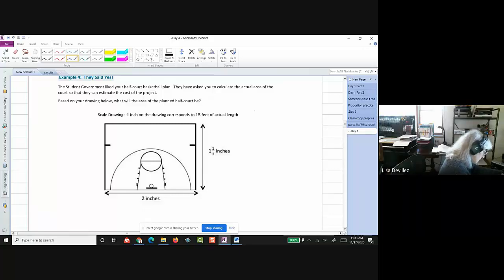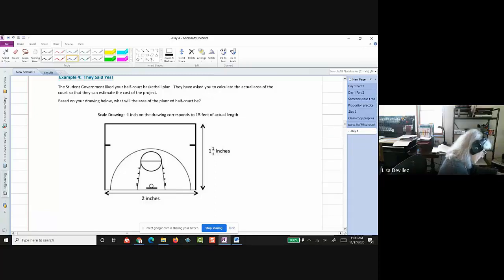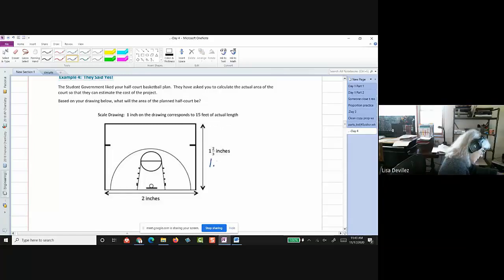You would want to define the area. The 1 2/3 inches is 1.6 repeating. I'll just round it there.